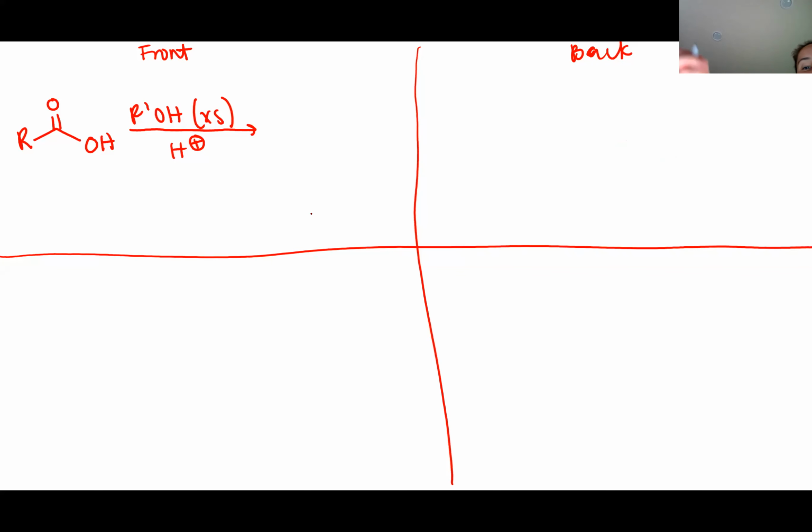On the back, if you just draw the ester, you're going to get this flashcard and be like, an ester, great. And then you flip it over and you're like, oh no, that was reagents. So what you could do is write synthesis of ester from carboxylic acid, or you can draw out the carboxylic acid, leave the reagents blank, and put in the ester. If you look at it from the front ways, you're like, okay, I needed to come up with this. Cool, I have that.